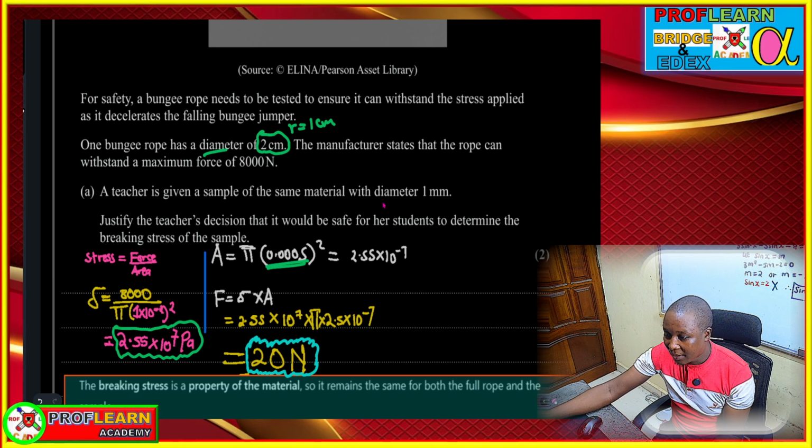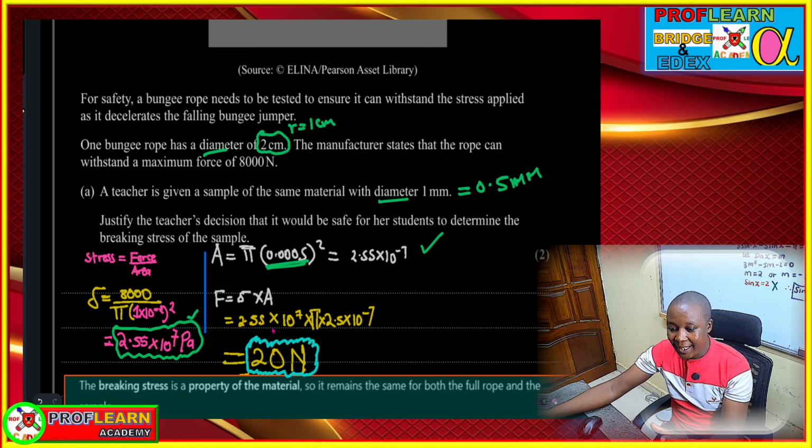This is the diameter, so we have to use the radius of 0.5 millimeters and work out the area. Then using the area obtained, which is in meter square, and the stress that we have gotten here, we can calculate the force this material will be subjected to.